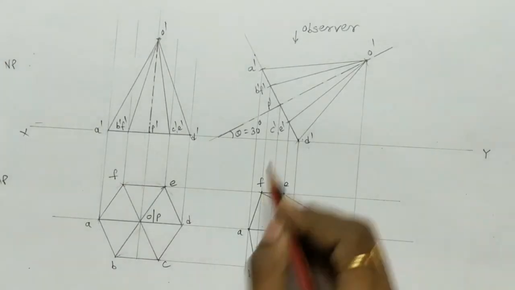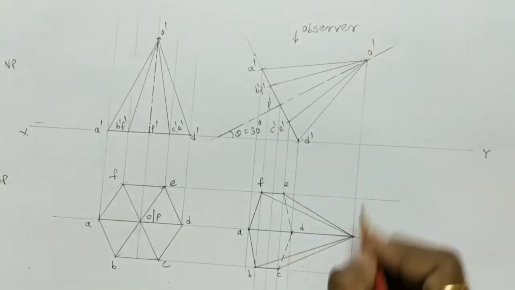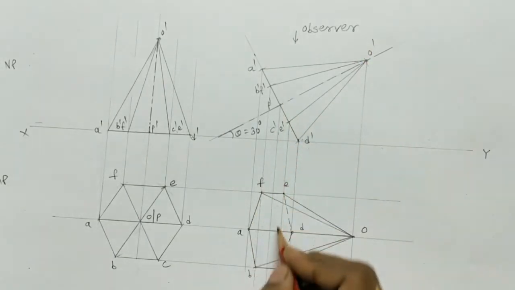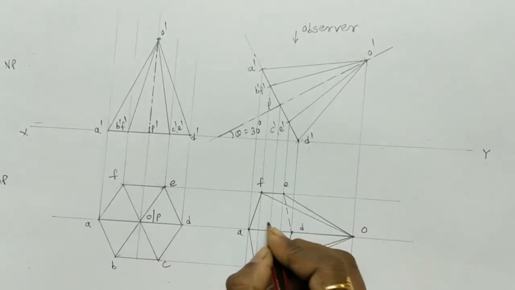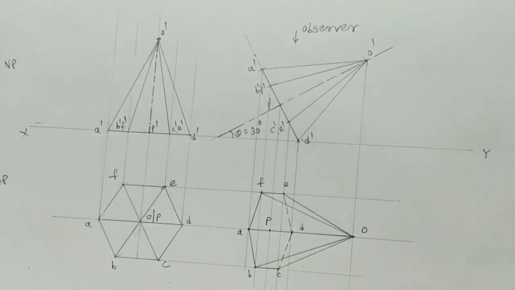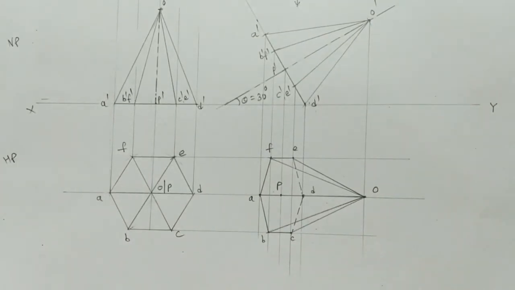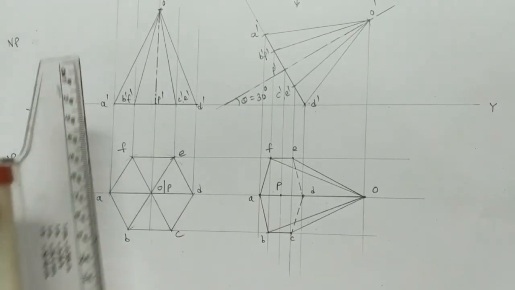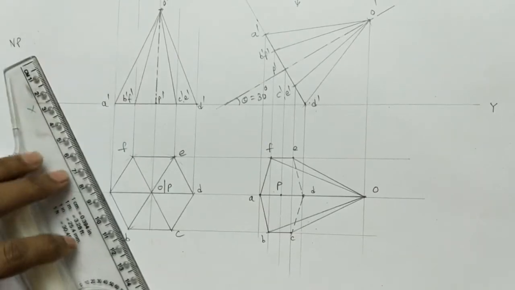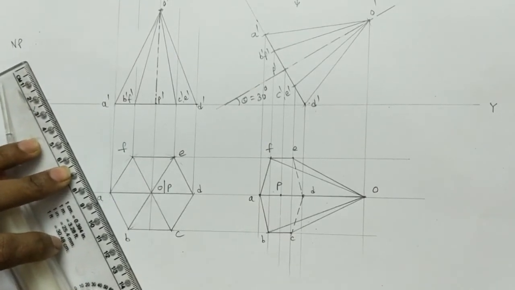Now give axis points O dash P dash. So O already given, P here. So this is point P. So in this way we have completed projection of hexagonal pyramid. Now show this side as 25.